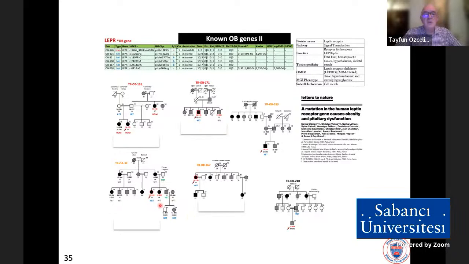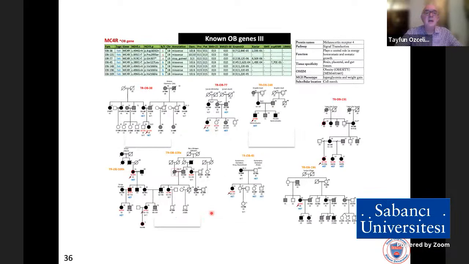Since obesity is a really prevalent phenotype, we see phenocopies. Phenocopy means that in the same family, you have individuals who do not have the mutation. Look at this one, for example, wild type. She is a phenocopy of her sister, which complicates the genetic analysis.